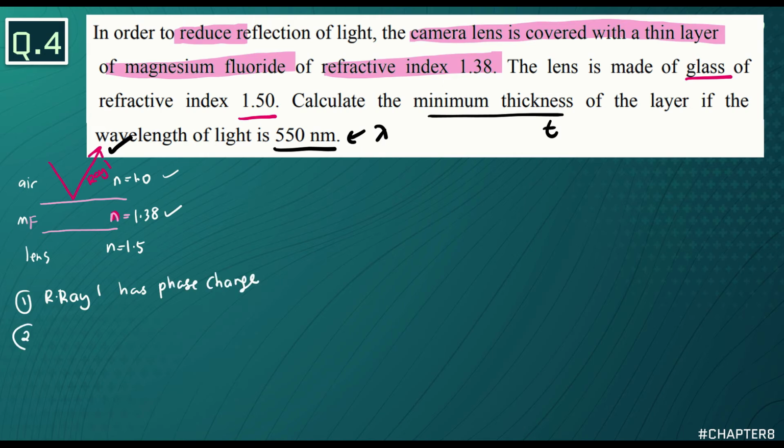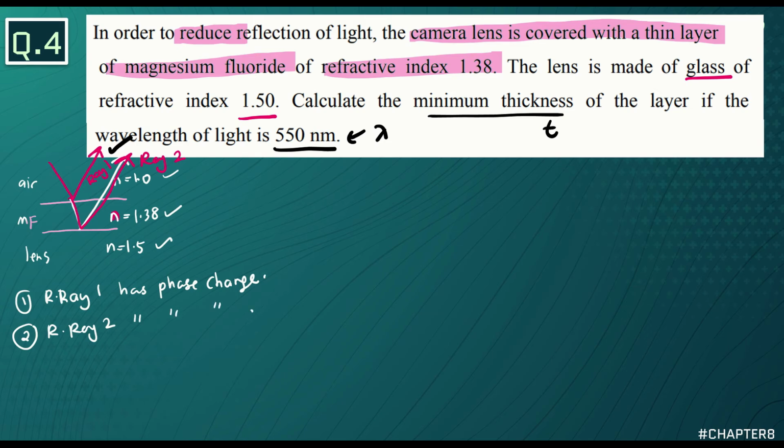And then ray 2, going from 1.38 to 1.5. Again, it is from less dense to denser, meaning that your ray 2 is also having phase change. So reflected ray 2 has phase change.